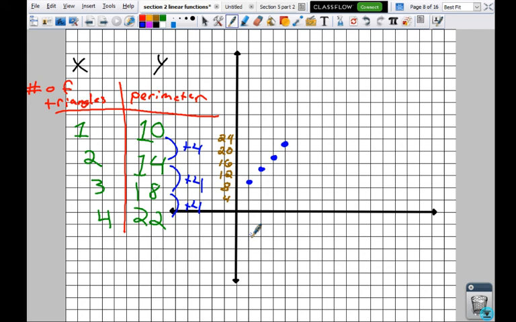We just have dots. So our very last step, it's not super tough. We just have to make this an actual line. So I'm going to connect my dots like this, and I'm going to go a little past them so I can put arrows on the end to show that it's a line that goes on forever. So I'm going to go a little bit past my dots and make some arrows, and that's it. That's our last step.